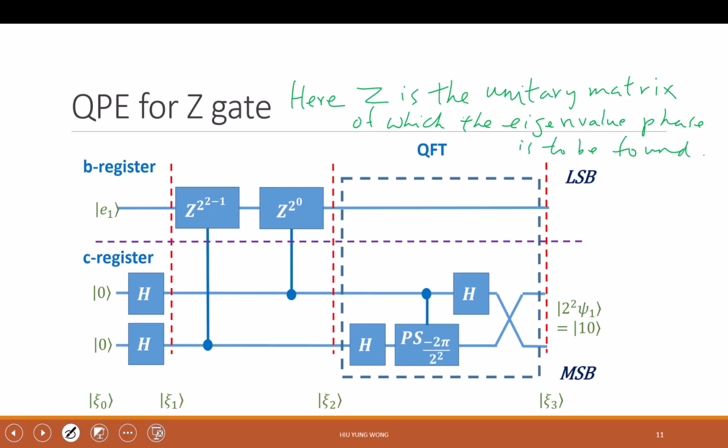Okay, I don't know if you can read my writing. So here is a circuit for us to find the phase of the eigenvalue of Z gate.